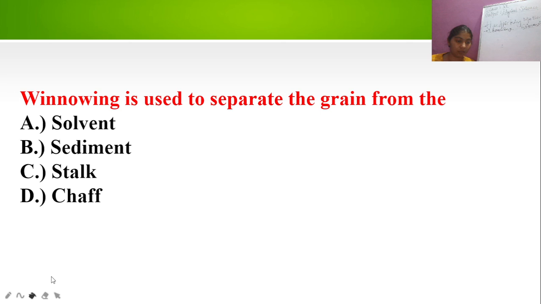So let's recap. Students, what we have discussed today, which kind of methods? First we discussed threshing, one of them being hand picking, right? And one more is left, that is winnowing.